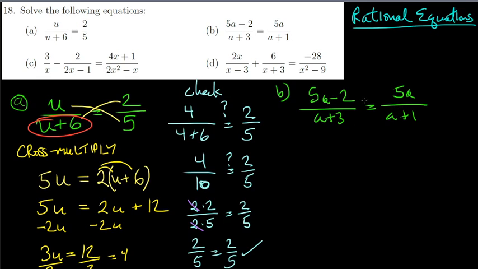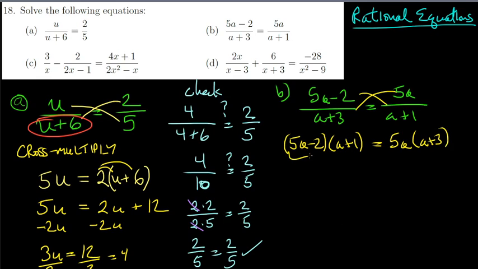Right, so again, we can cross multiply. So if we multiply 5a minus 2 times a plus 1, that has to equal 5a times a plus 3. So you can see why this is a little bit trickier. We have to FOIL the left side here.